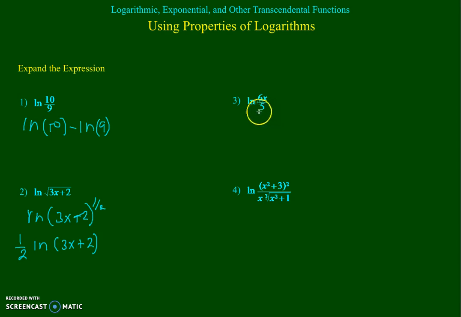All right. Now this is another composite which has the quotient of a product divided by a constant. So first, I'm going to take the outside piece. We're going to have the natural log of 6x minus the natural log of 5. Now here we have a product, so I'm going to expand that.